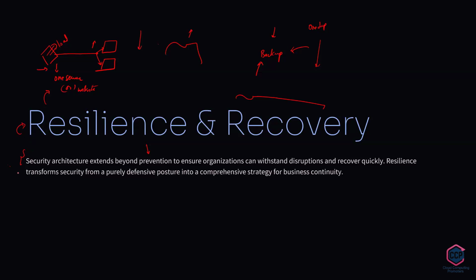In security architecture, we do prevention, we do executions, we write commands and policies too. Including those things, these two things are also very important. Then let's get into the next slide.